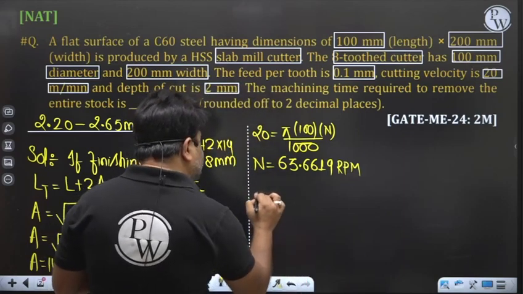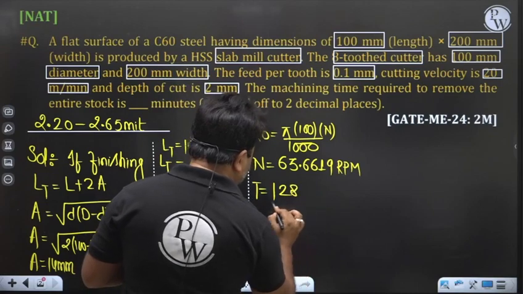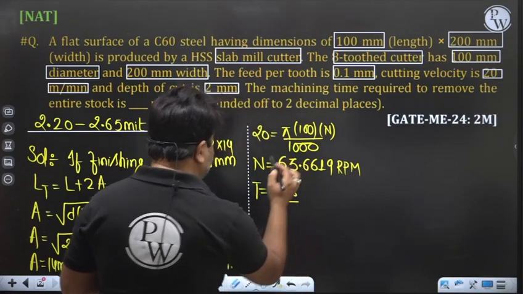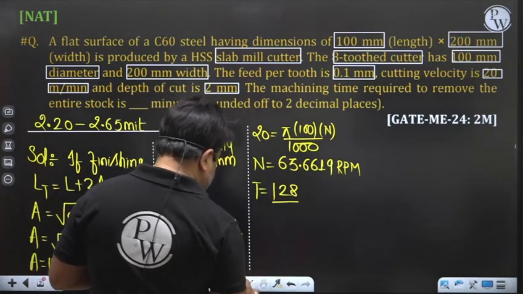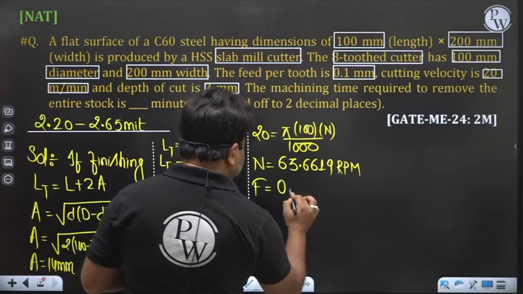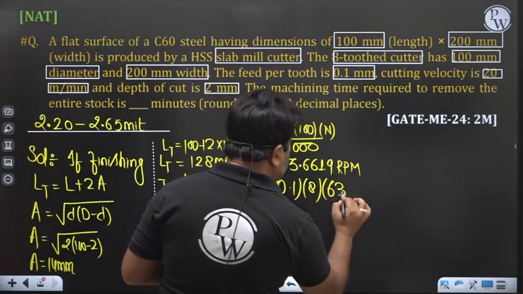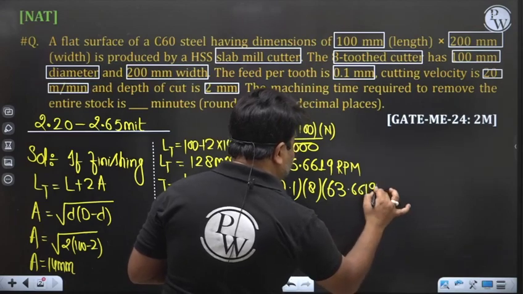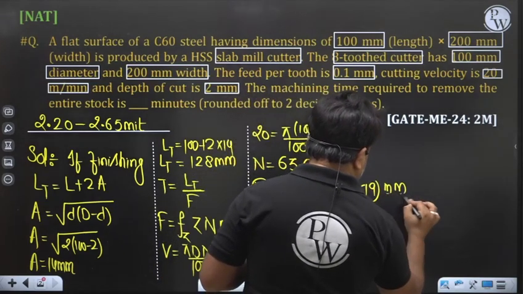Now the machining time is 128 divided by the table feed. Table feed is 0.1 into 8 into 63.6619 mm per minute.